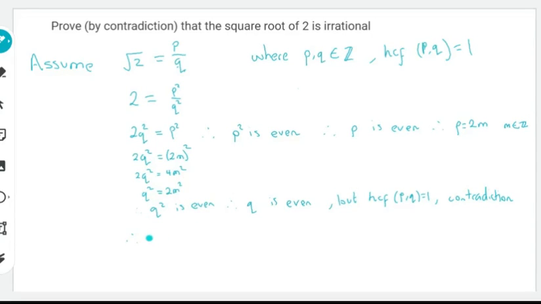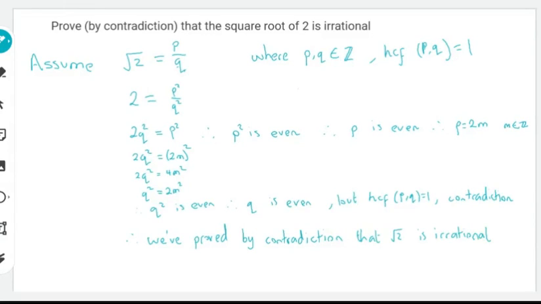Therefore, we've proved by contradiction that the square root of 2 is irrational.